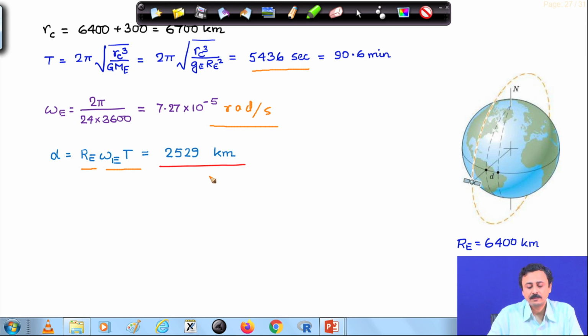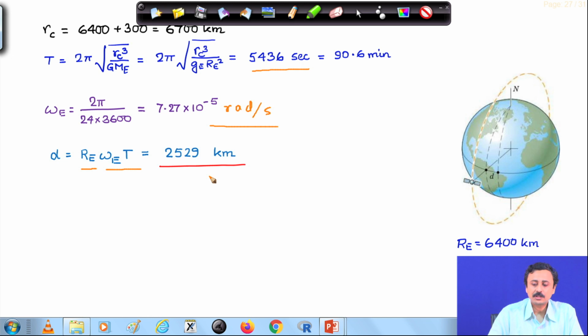2529 kilometers. Therefore, for this satellite, when it comes back next at the same point, it will see a point which is separated by 2529 kilometers towards the west.